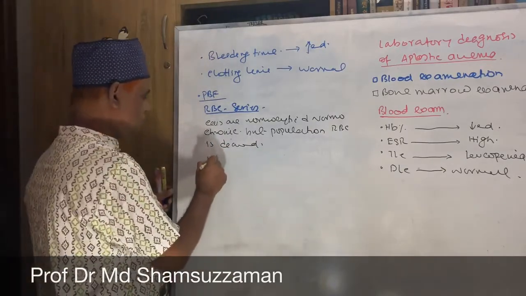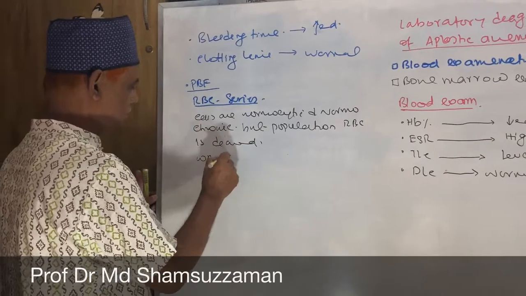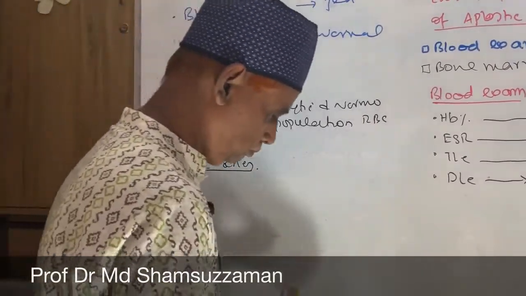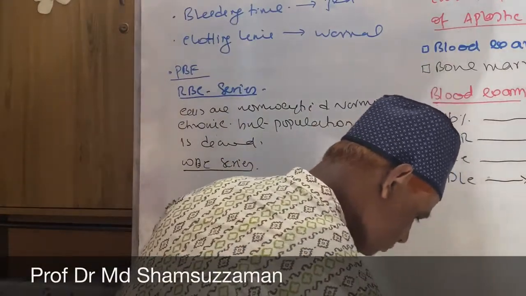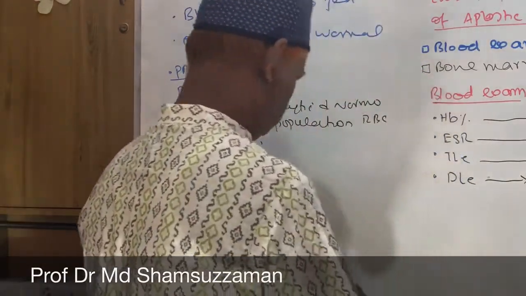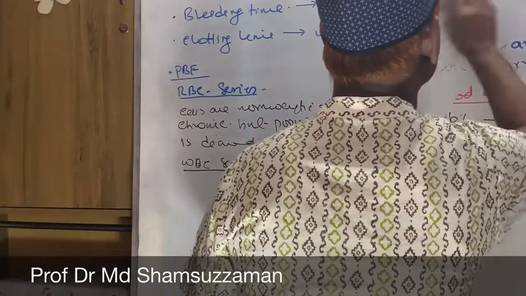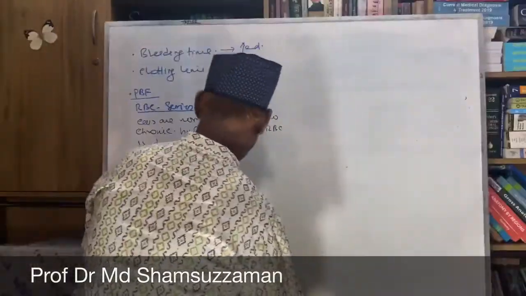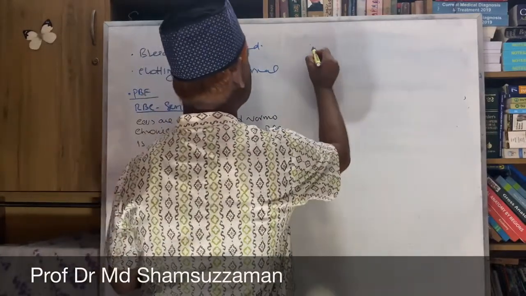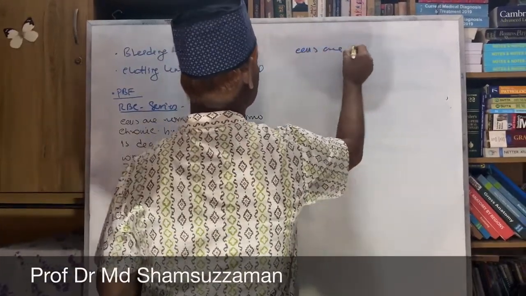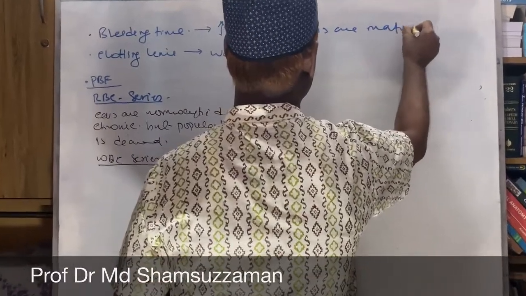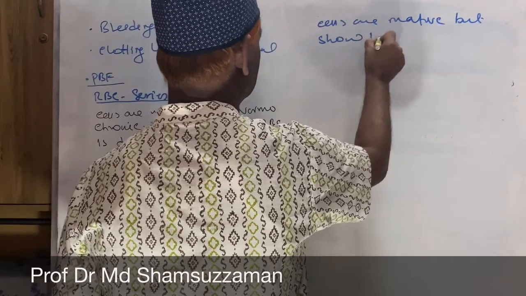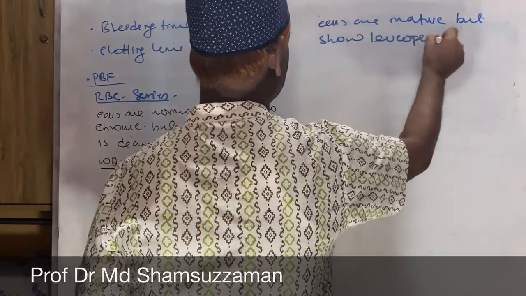Now come to the WBC series. In the WBC series, cells are mature but show leukopenia.